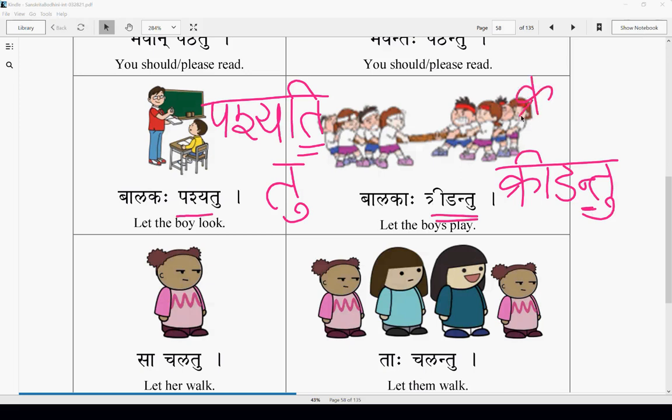In Ekavachana it is Kridanti. Instead of the last ti, we are adding tu here. So everywhere we are basically adding tu by removing ti. Everywhere means in Ekavachanam and Bahuvachanam of Prathama Purusha.